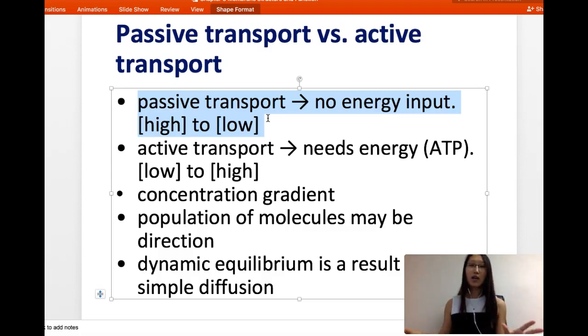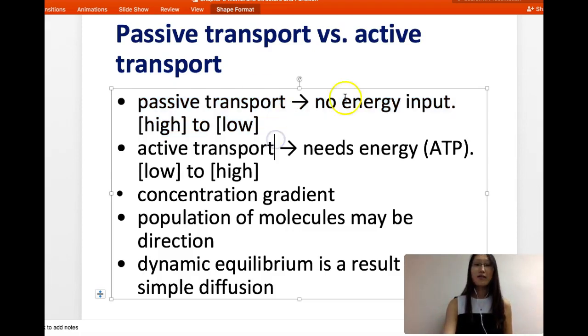It doesn't matter what any of the other molecules are doing. When we talk about transport, we're talking about that one type of molecule that you're looking at and how that's being transported. So if there's no energy required, and the molecule is going from a high concentration of that molecule to a low concentration of that molecule, that would be passive transport.